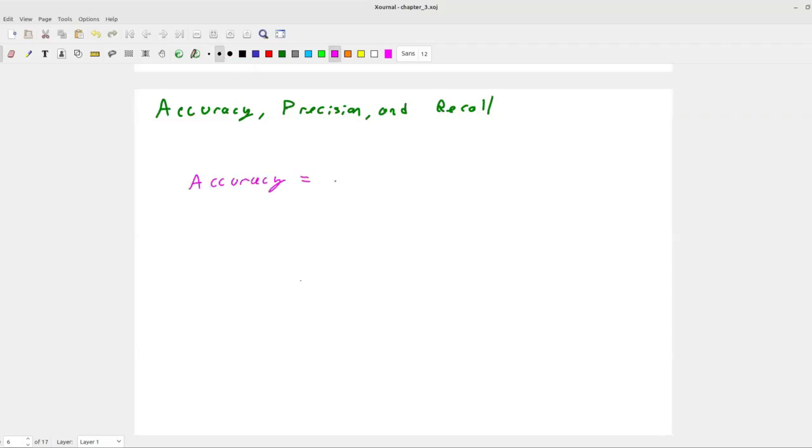And that's going to equal the number of correct predictions over the total number of predictions.